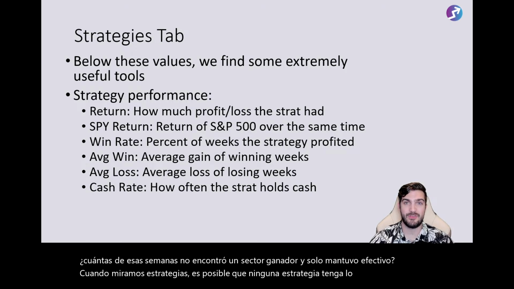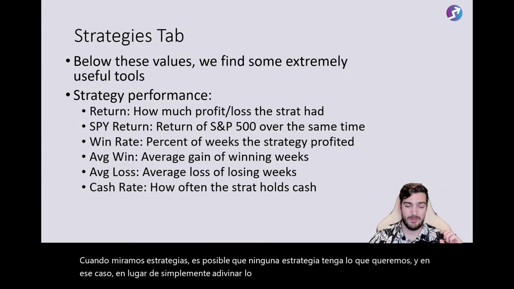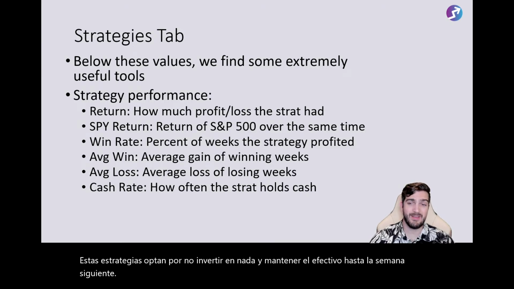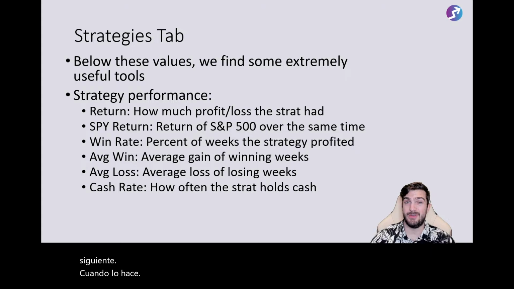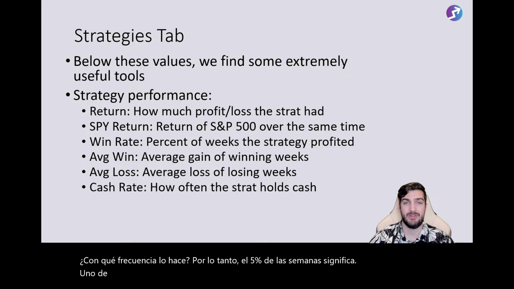And in that case, instead of just guessing at what we want to invest in, these strategies choose to invest in nothing and hold cash until the following week. When it does that, how often does it do that? So, 5% of weeks means 1 in every 20 weeks, the strategy held cash.